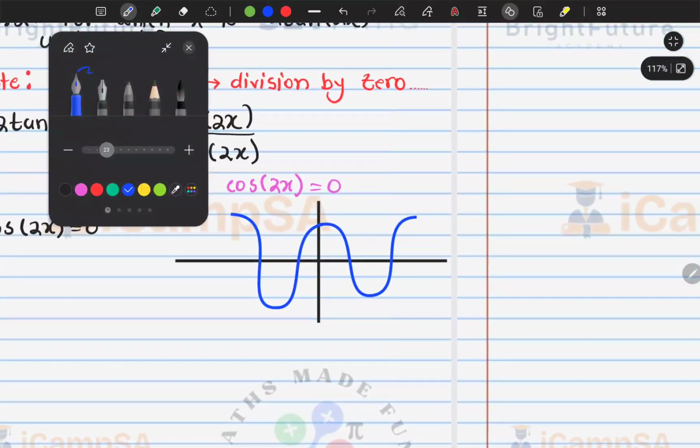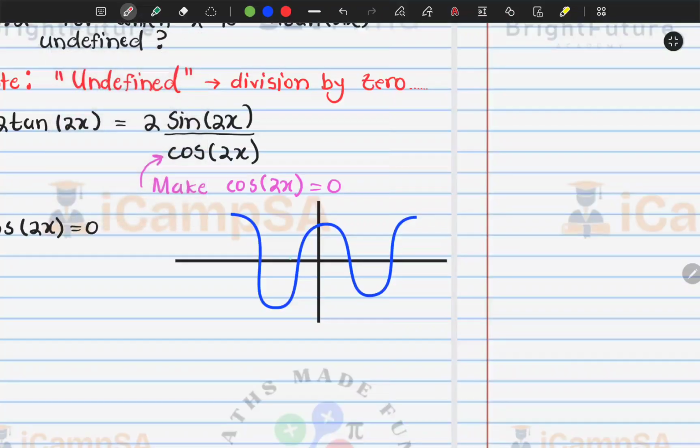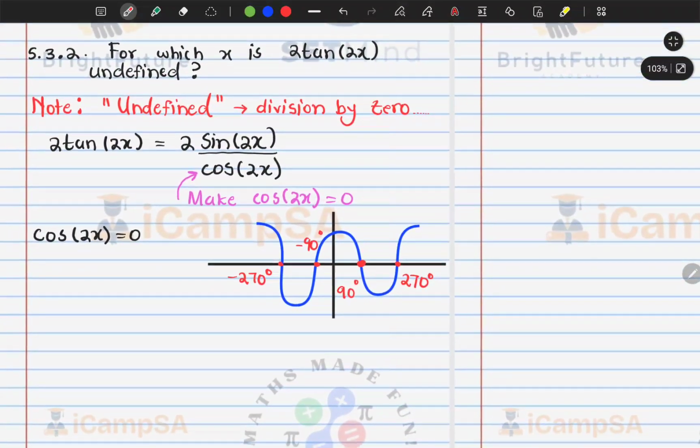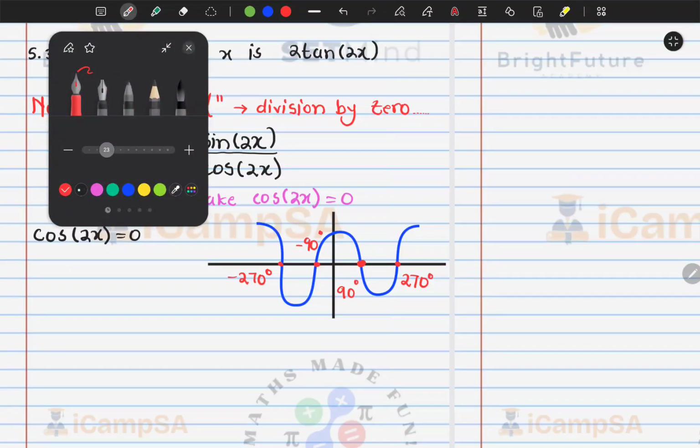Where is it 0? Well, it is 0 here at 90 degrees, here at minus 90 degrees, and also here at 270. And this carries on and on.